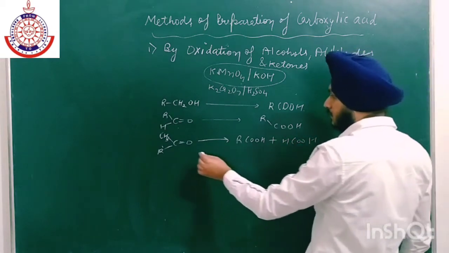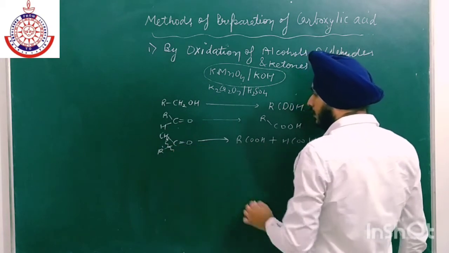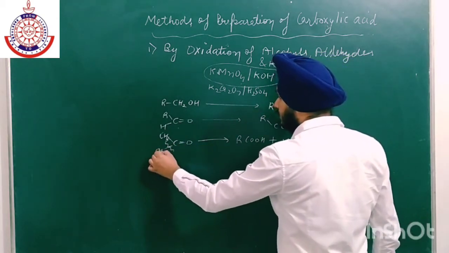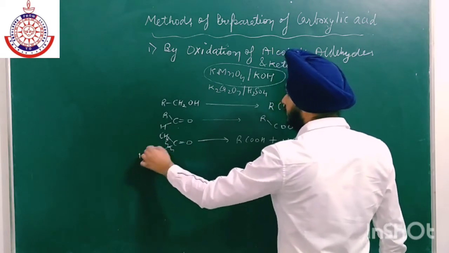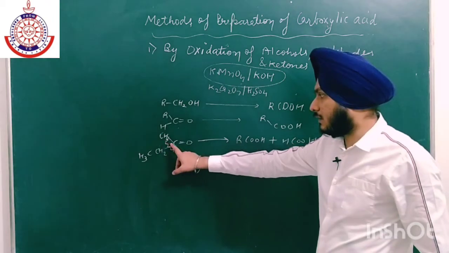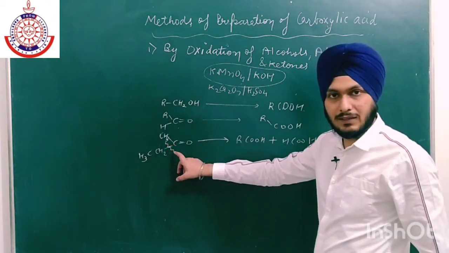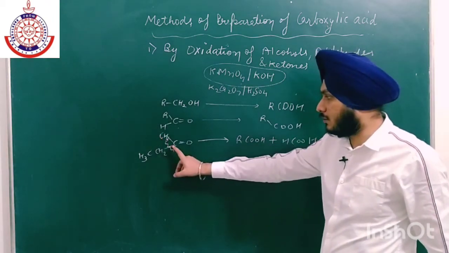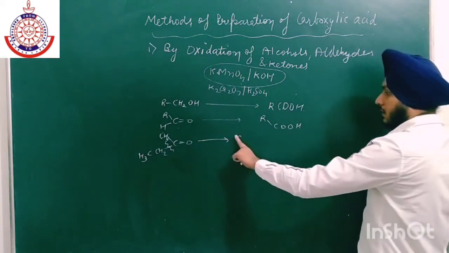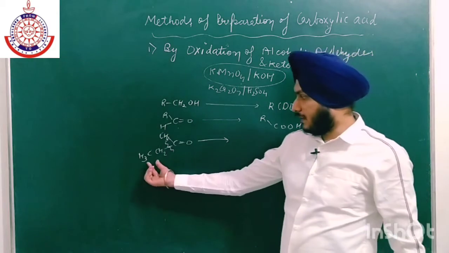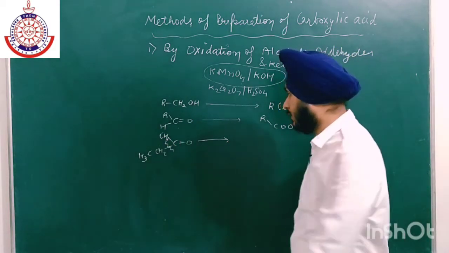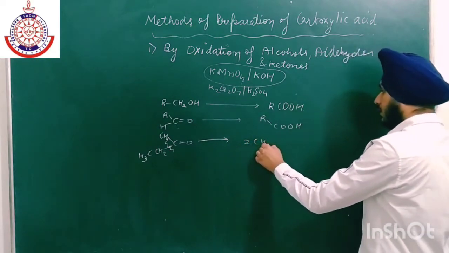Then this bond will cleave. Or for example, I'm taking another group, CH2CH3. This bond will cleave, and we will get two products of the same carbon. One will form with two carbon atoms, and the other again with two carbon atoms, so we will get two same products.